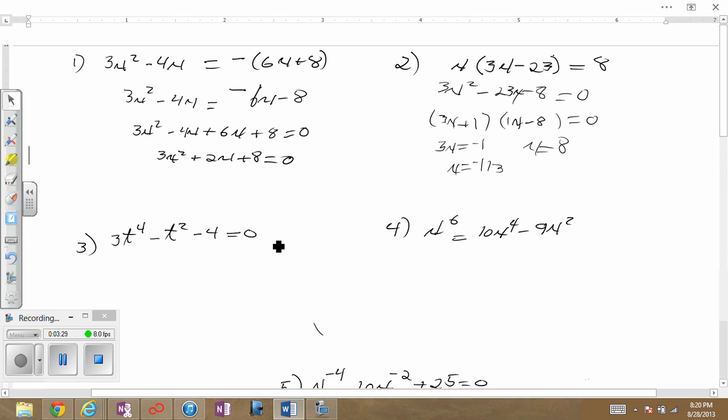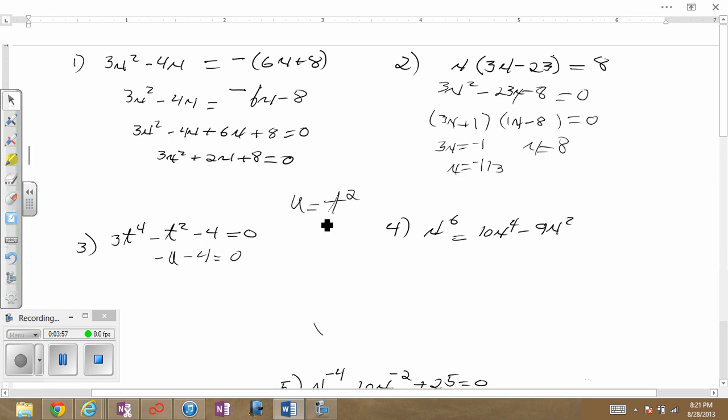You say, gee, if it was a t squared there, I could factor that. So, well, it's not t. We're going to do what we call a substitution. We're going to let the t squared term be u, okay? So that now over here, this reads minus u minus 4 equals 0.